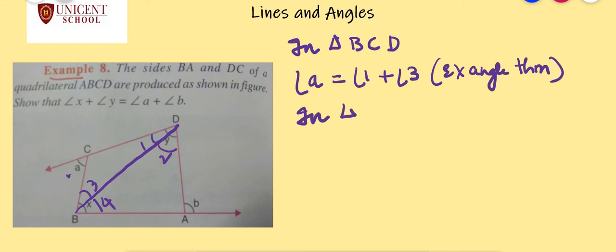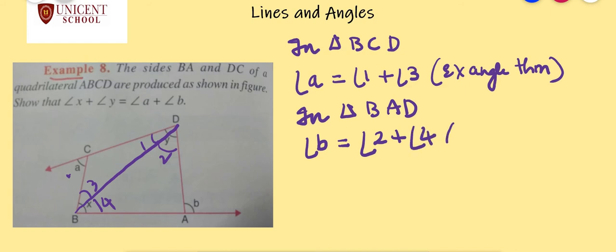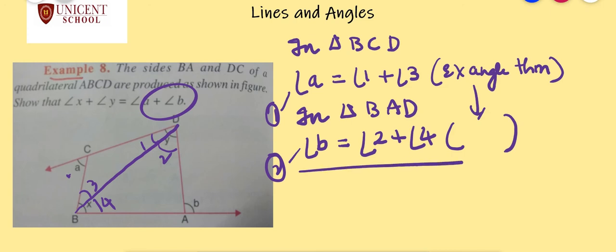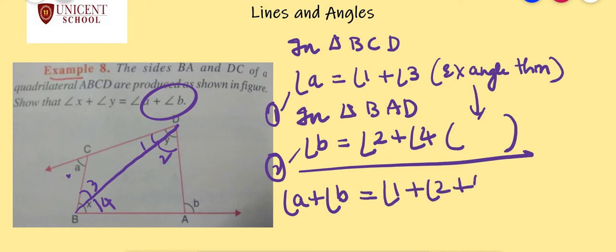Similarly, in triangle BAD, if we see, angle B forms the exterior angle. So same way we get angle B equals angle 2 plus angle 4 based on the exterior angle theorem. So when I study the figure, I want the value of A plus B. So what will we do? We will add both. So my LHS will be angle A plus angle B, and RHS becomes angle 1 plus angle 2 plus angle 3 plus angle 4.